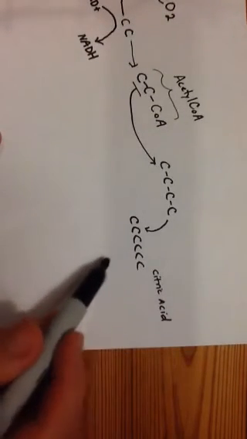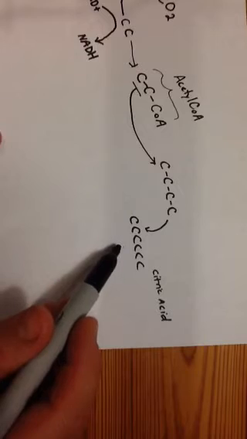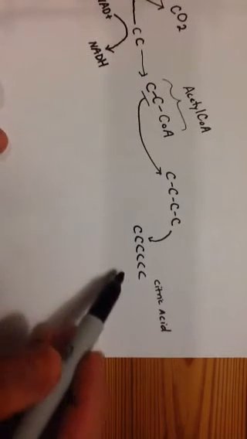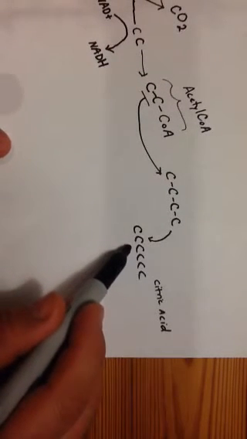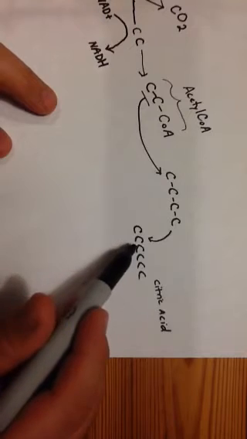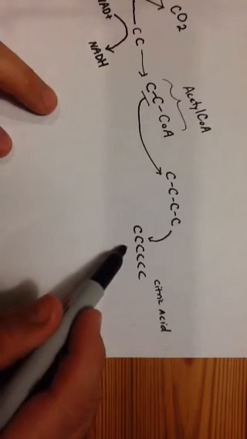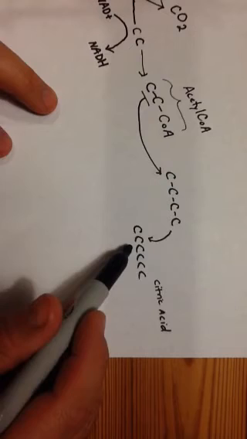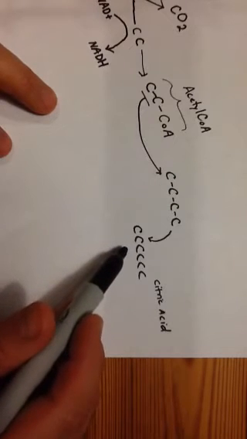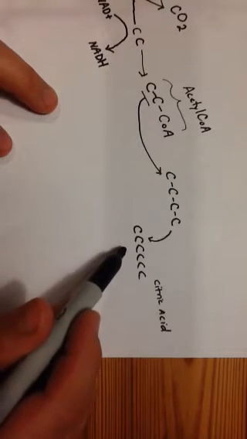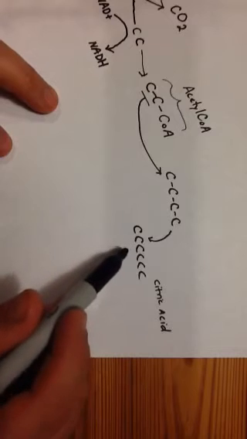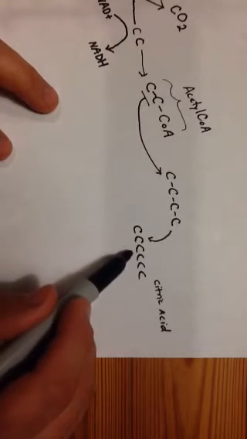Okay, but now we have our citric acid produced, and from here we're going to perform a series of oxidation steps, as well as remove some carbon for carbon dioxide and produce a little bit of ATP by substrate level phosphorylation. So here we go. Here's how that's going to look.